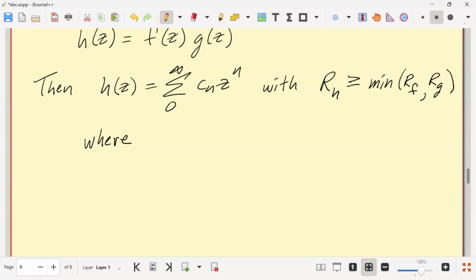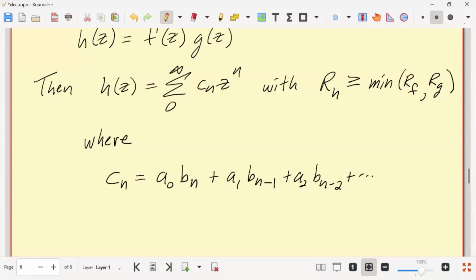The interesting part is that the coefficients c_n are given by the same formula you get when you multiply polynomials. So that would be a_0 times b_n plus a_1 times b_(n-1) plus a_2 times b_(n-2) plus dot, dot, dot.